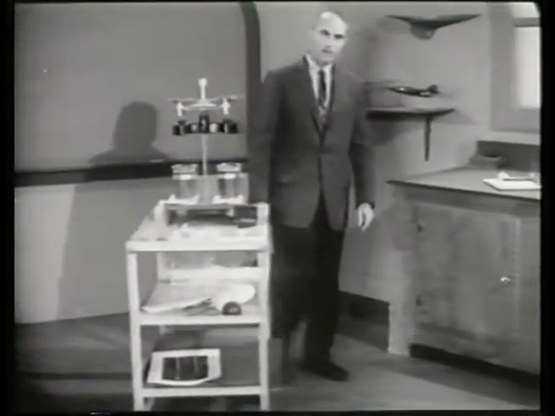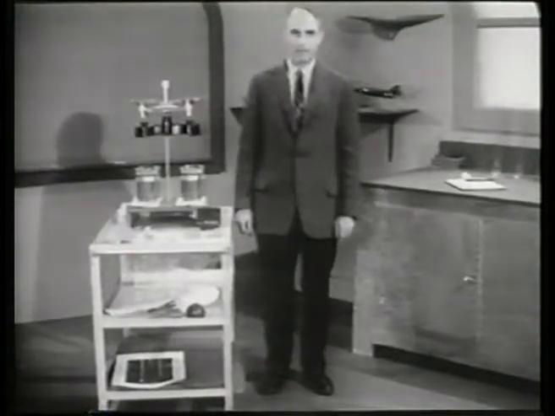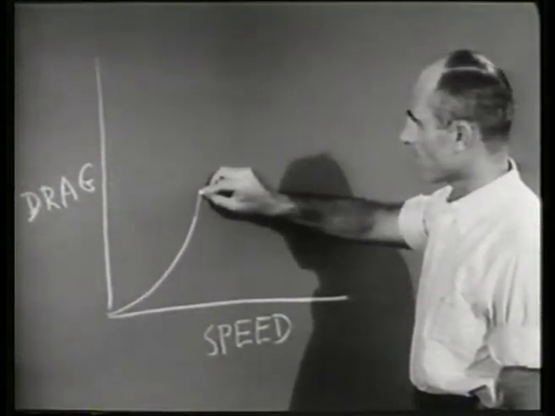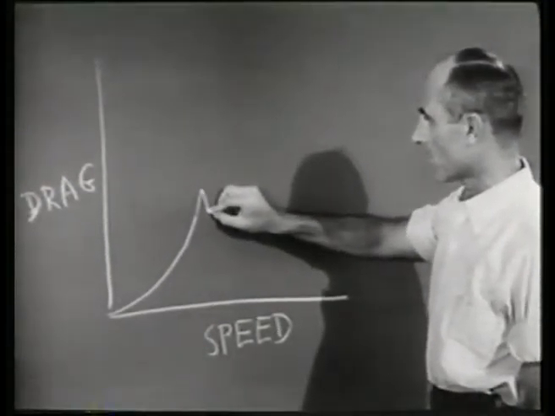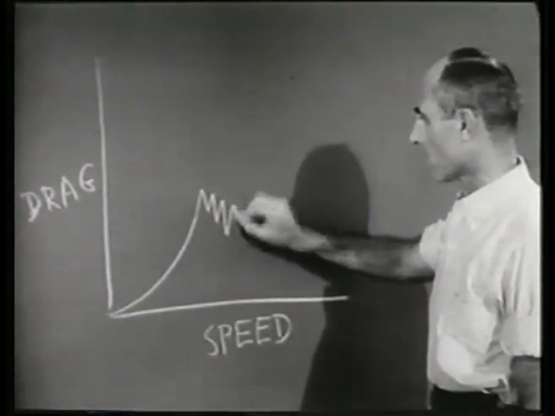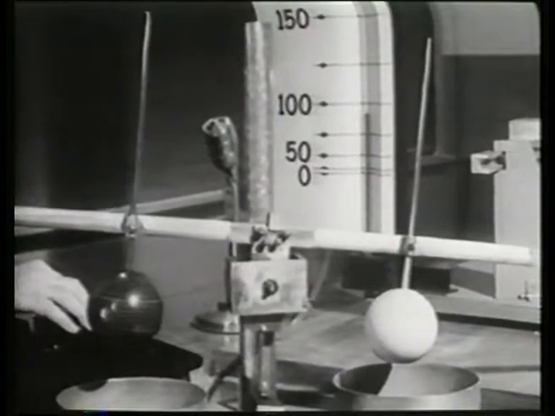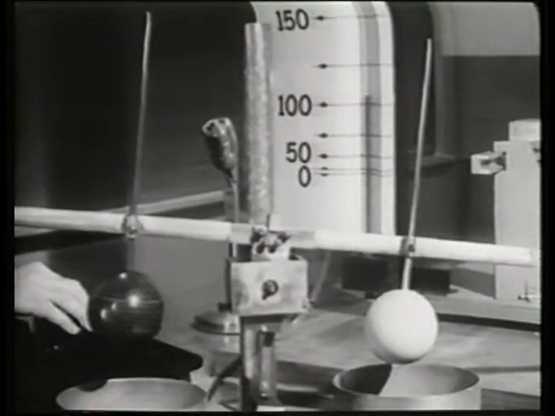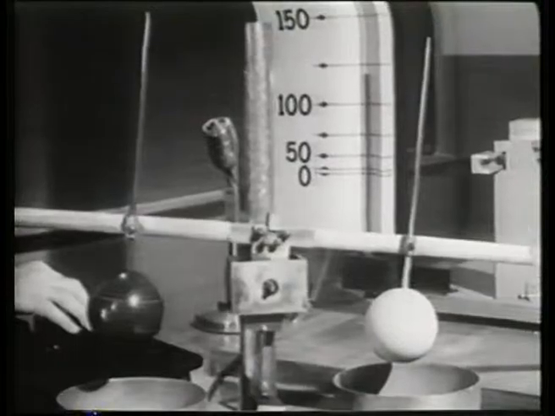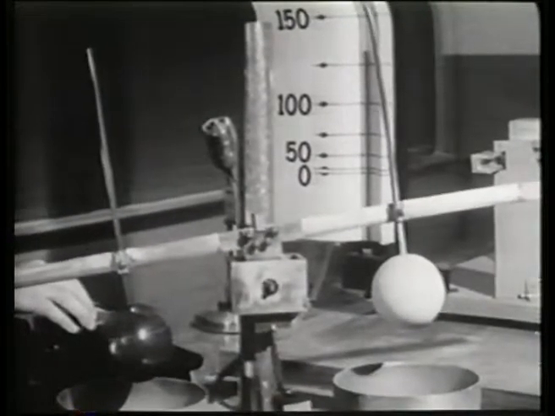Let us review now the several experiments you have seen. In one experiment, we found that sometimes an increase of speed actually produces a decrease of drag. In a second experiment, we found that in one range of speed, a smooth ball has less drag, while in another range of speed, a roughened ball has less drag.